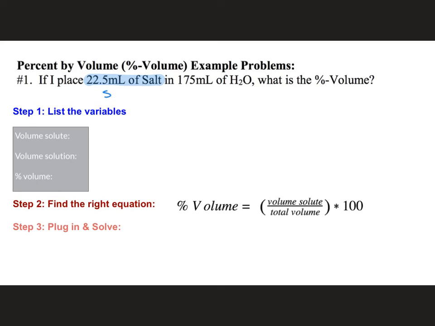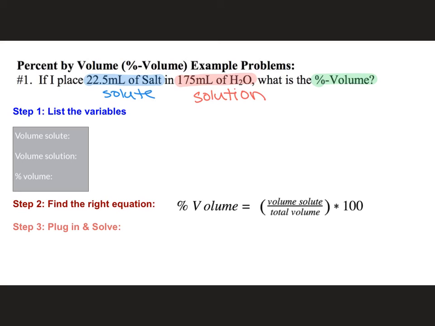So the salt here is our solute, and we have 22.5 milliliters of it. The 175 milliliters is of our solution. So I'm going to write that down. And it's asking us, what is the percent volume?